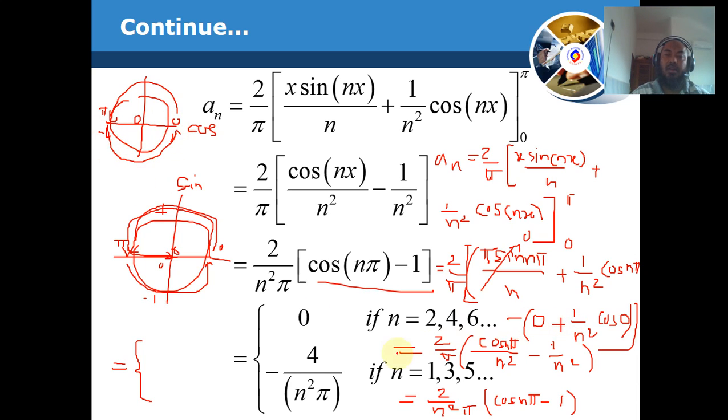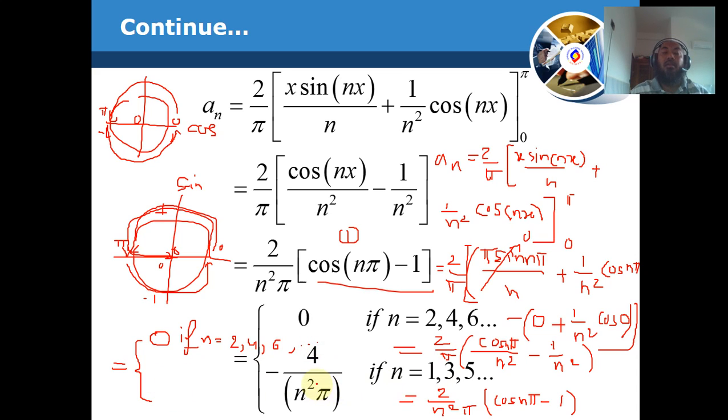So at 2 pi we got 1, meaning 2 pi, up to n pi, it will always be equal to 1. So 1 minus 1 becomes 0. That's why we have 0 if n is equal to 2, 4, 6, etc.